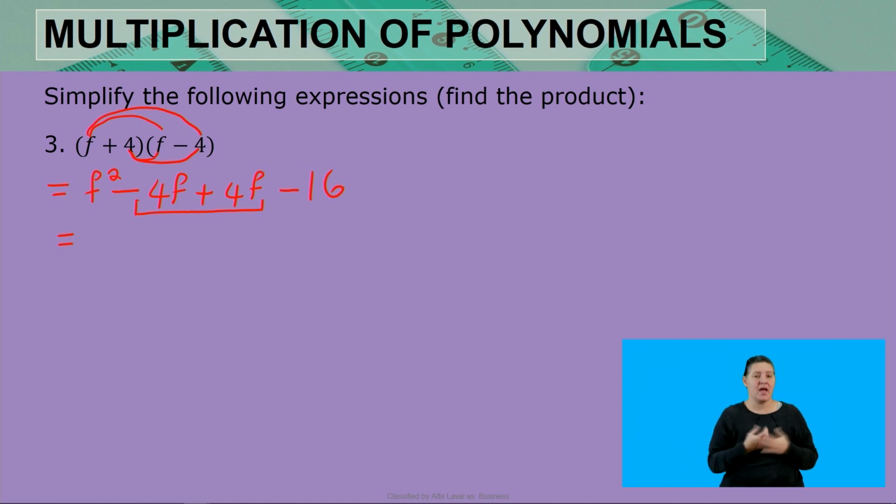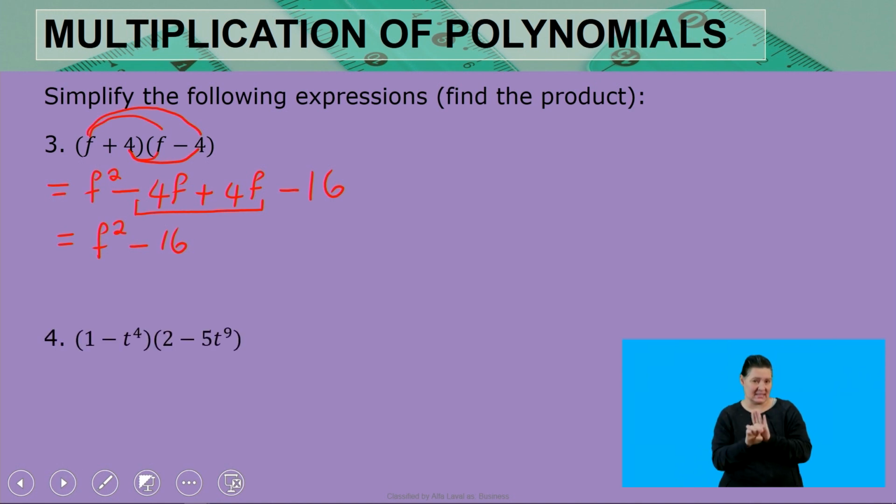So now we have f squared. Then we have a negative 4f plus a 4f, and that gives us 0f. So with the variable f, we no longer have anything there. And then we are just left with a minus 16. So that is our answer for that product of the two binomials.